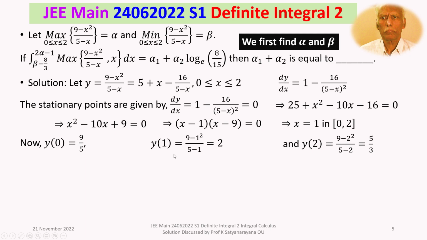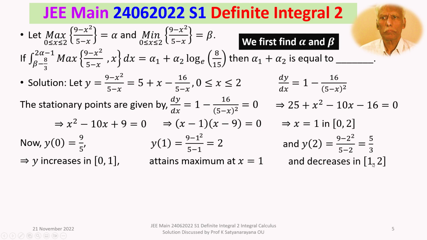That means at x is equal to 1, it attains the maximum. So y increases in 0 to 1, from 9 by 5 to 2, attains the maximum at x is equal to 1, and decreases in 1 comma 2.